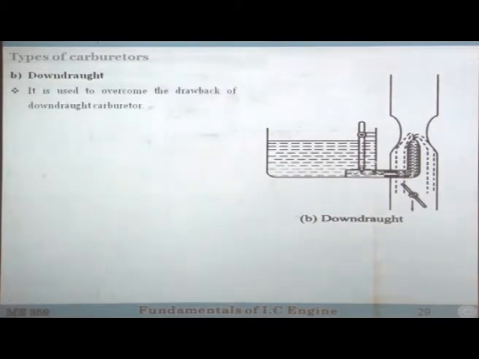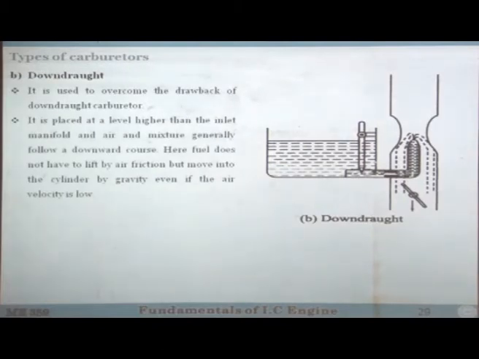So, it is used to overcome the drawbacks of the updraft carburetor. It is placed at a level higher than the inlet manifold and air and mixture generally follow a downdraft course, and the fuel does not have to be lifted by air friction, but moves into the cylinder by gravity even when the air velocity is low.